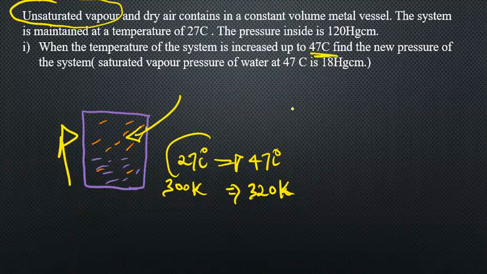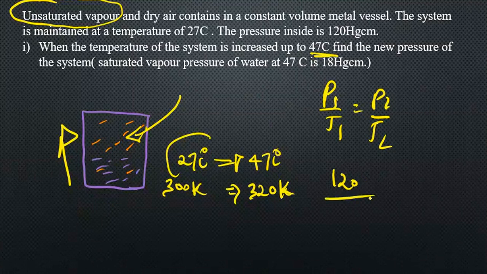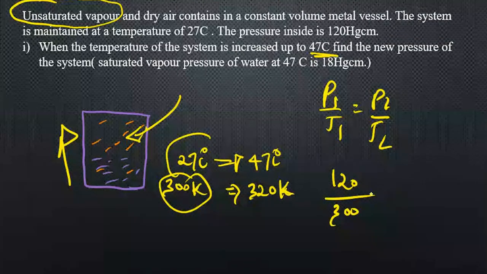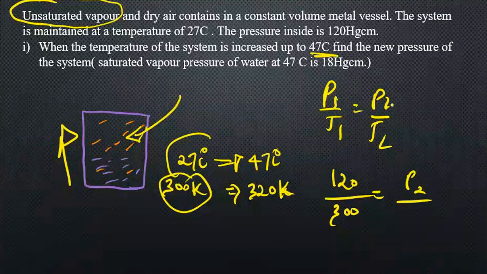We can easily apply the gas law P1 over T1 equals P2 over T2 because the volume is constant here, right? The initial pressure they have given is 120, let's consider mercury centimeters. Then the temperature, yes, we have to use Kelvin. You know how to convert Celsius into Kelvin, so initially it's 300. Then the new pressure, let's say P2, and the new temperature 47 degrees Celsius, so 320.